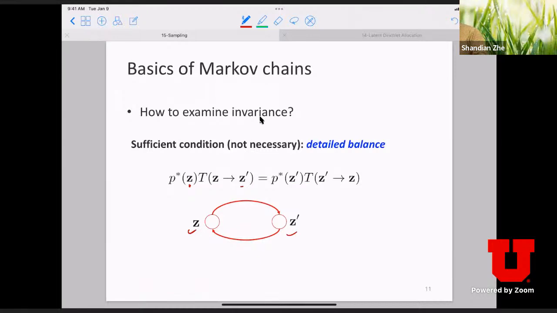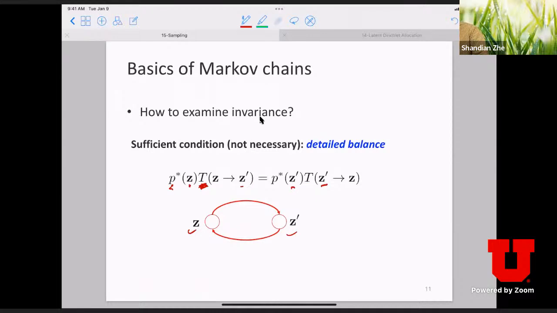That is, you first sample Z prime from the true posterior, and then sample Z conditional on Z prime from the transition kernel. If these two joint probability densities are the same, then we say T, the transition kernel, satisfies detailed balance. Then you can safely use T, because if you evolve your chain with this T, it is guaranteed to converge to this target posterior.